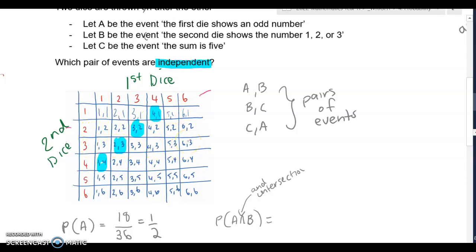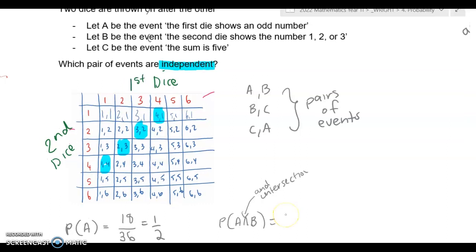So looking at the numbers in our intersection, we end up with 9: 1, 2, 3, 4, 5, 6, 7, 8, and 9. We end up with 9 out of 36. Popping that into your calculator, you'll break that down to 1/4.